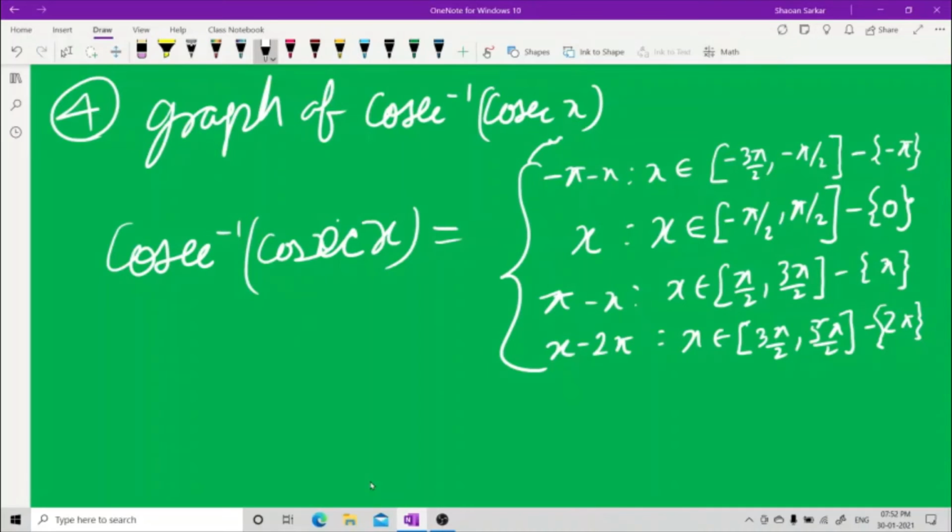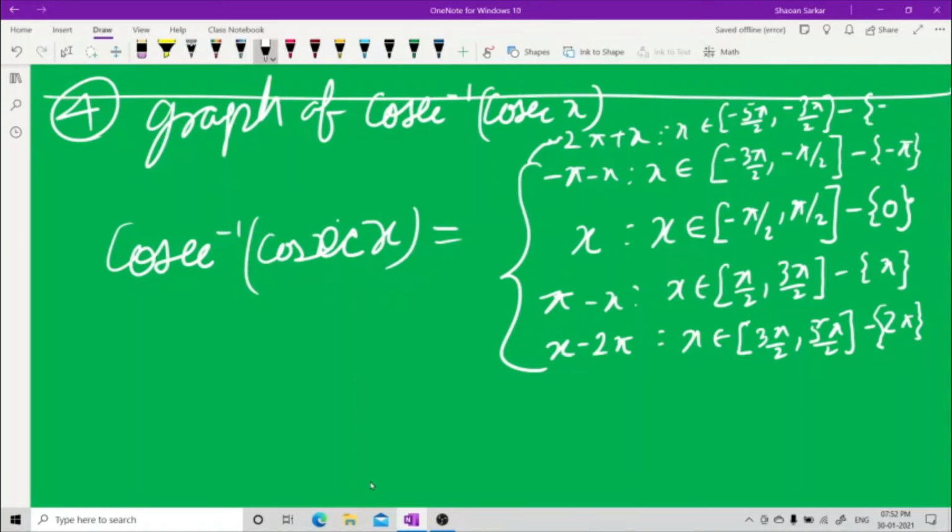This would be 2 pi plus x for x belonging to minus 5 pi by 2 to minus 3 pi by 2, from which minus 2 pi would be removed.